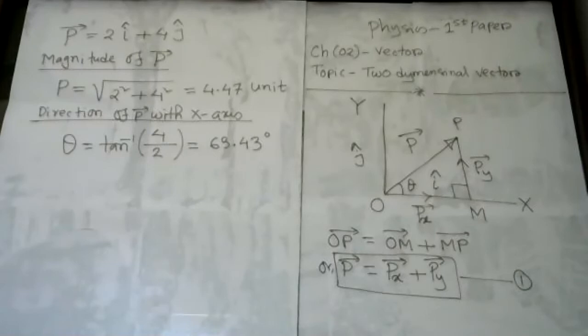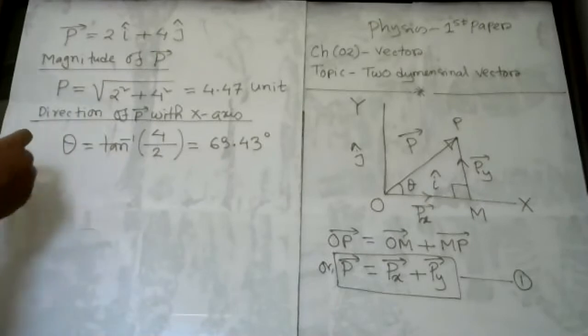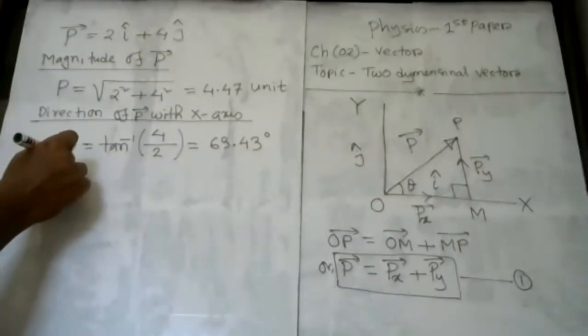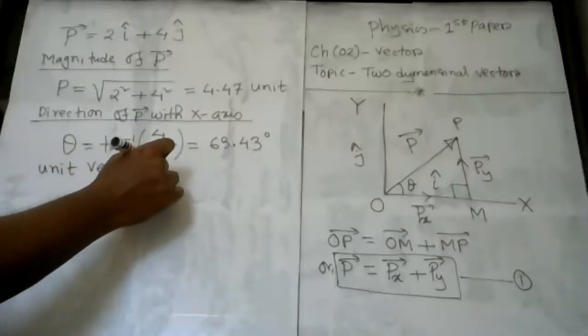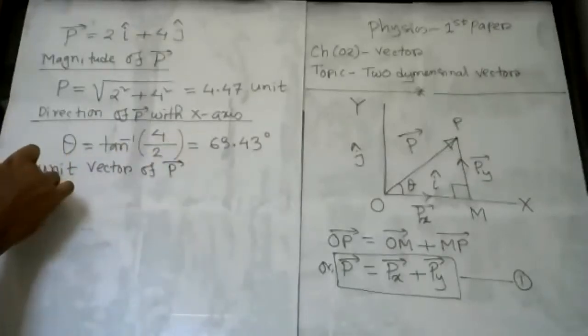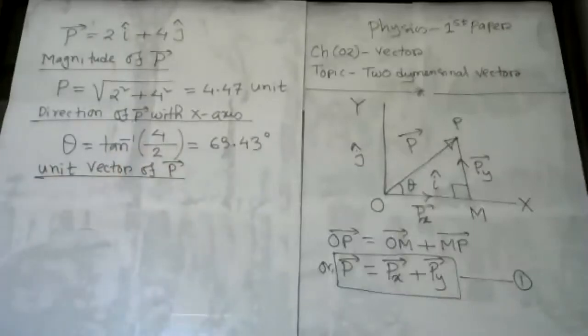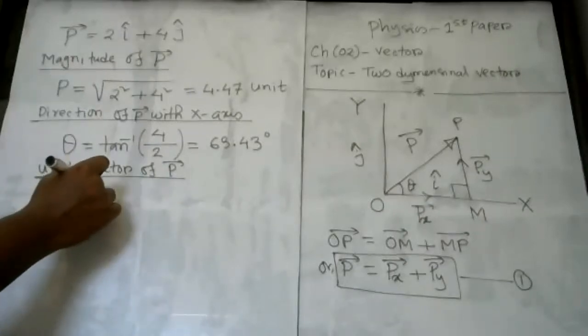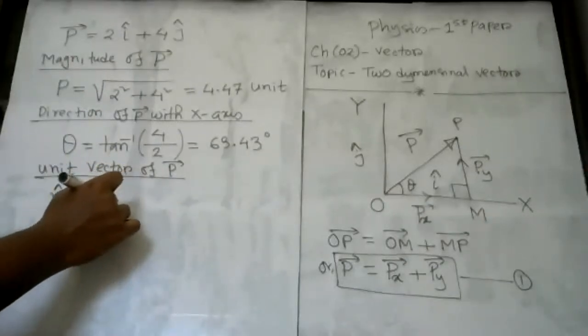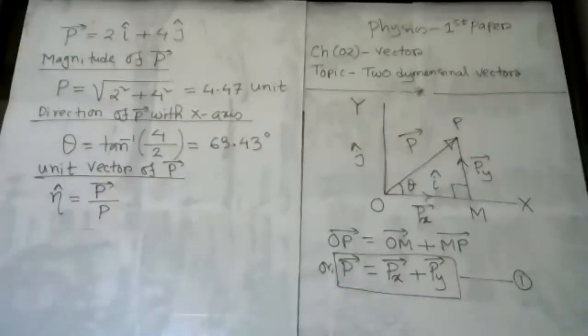Now, I'm going to find out the unit vector of vector P. So, the unit vector of vector P, eta hat, will equal to what? Vector divided by its magnitude.